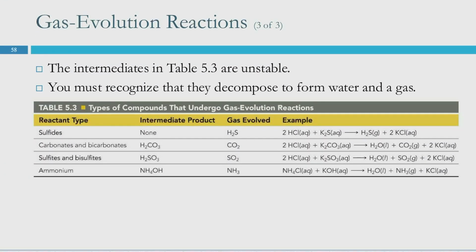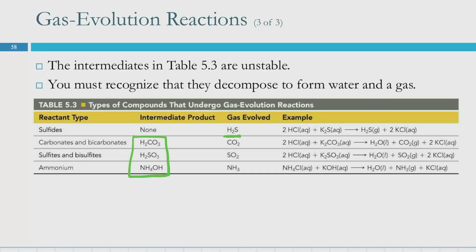These are some intermediates that are not stable. They're unstable. So a couple of our intermediates are listed here, and also one gas that can be produced, the hydrogen sulfide that we saw earlier. So we looked at the carbonate.